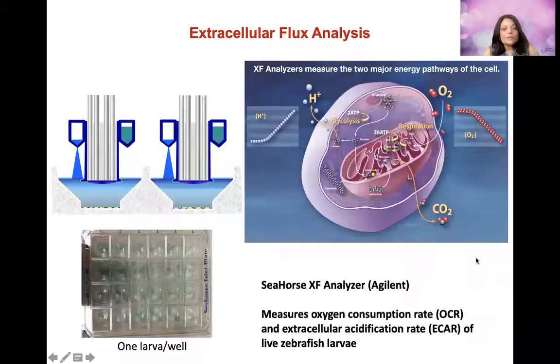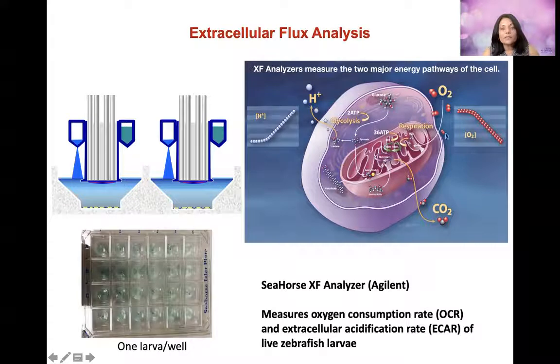So we used extracellular flux analysis, which is a method by which you can measure two important energy producing pathways, that is glycolysis, which is measured by the efflux of protons into the media, and which makes the media acidic.